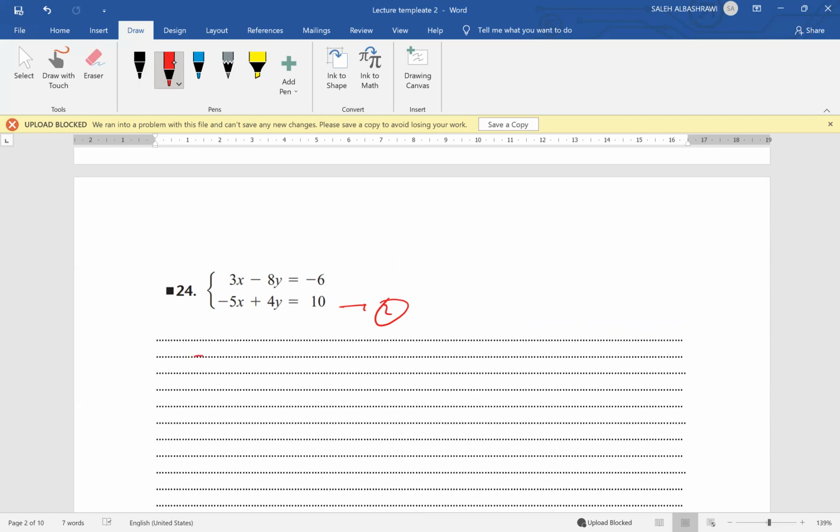I have minus 5x plus 4y equal to 10. So 4y equal to 10 plus 5x, move this to the other side, divided by 4. I will have y equal to (10 plus 5x) divided by 4.